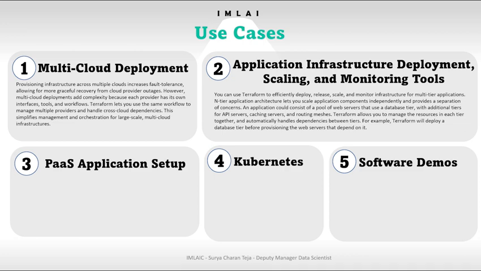Terraform allows you to manage the resources in each tier together and automatically handles dependencies between tiers. Let's take one example to get a clear picture of what I'm talking about. For example, Terraform will deploy a database tier before provisioning the web servers that depend on it. This is the best example to reflect what I was talking about thus far.